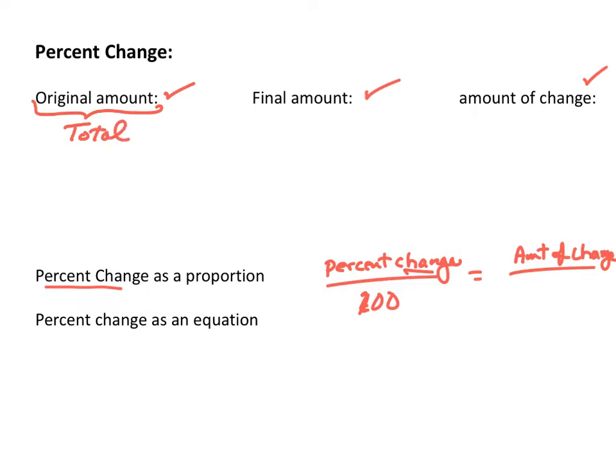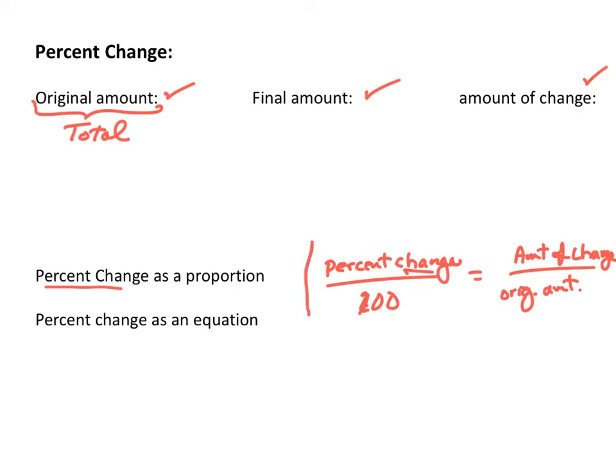Okay? So down here, across from the 100, that's going to be the original amount. In your science classes also, whenever you're finding a percent error, you're comparing it to the original measurement, not your final measurement.